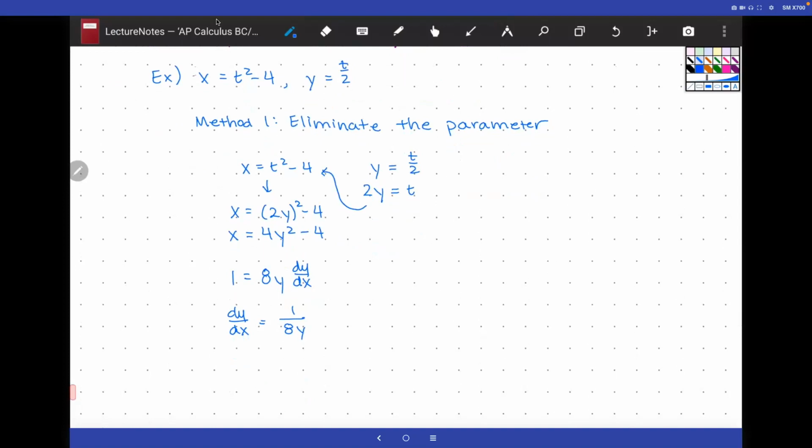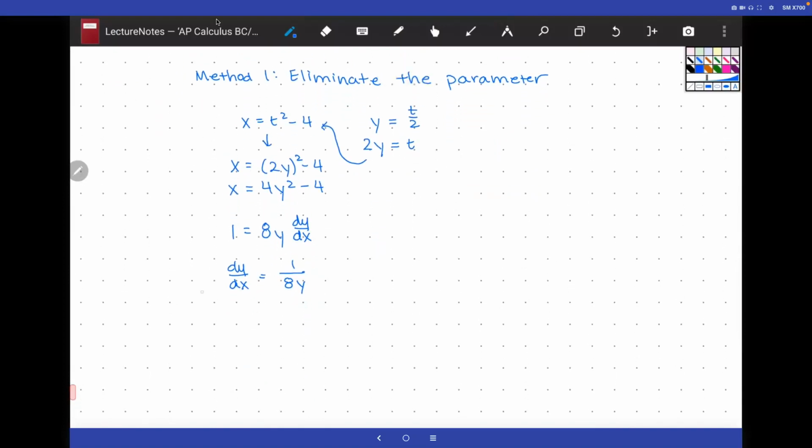So along those same lines, let's look at method 2. Method 2 for finding the derivative, dy dx, is we're going to use the fact that dy dx is dy dt over dx dt. And so we can just take the derivative with respect to time of each component and then divide those.